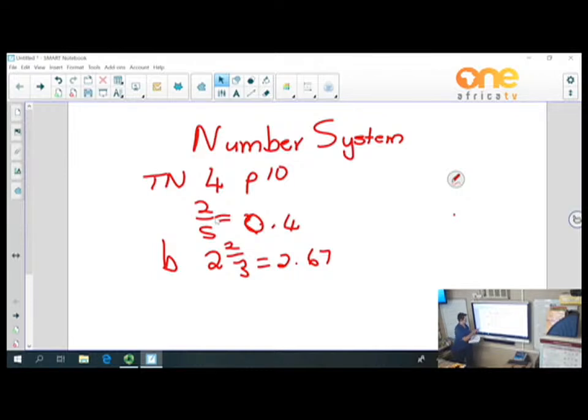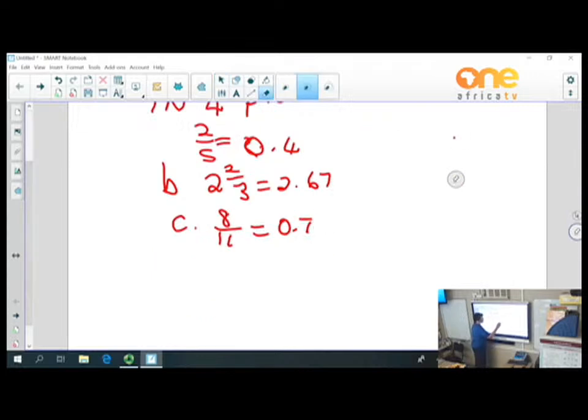Right, number C, 8 divided by 11. On your calculator, 0.7272. You can do this to show the recurring, or you have to say 0.727 because that is 3 significant figures. Remember, the 0 in the front does not count. So you start with the first number.